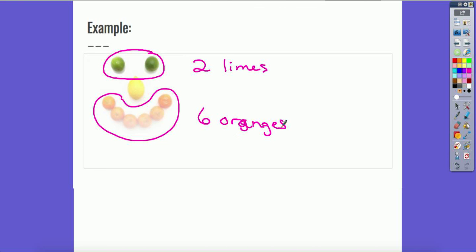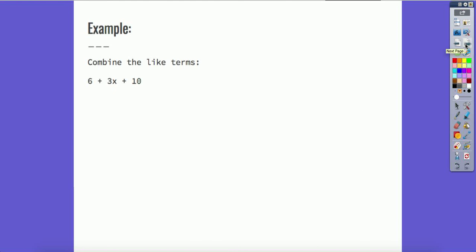Okay, but I can't combine these two things because they're not the same. Limes are not the same as oranges. If I tried to combine them, I would have something like a lime orange, and that doesn't make much sense to us. So think about pieces that are terms with it when they have variables and see if you can combine them or not.